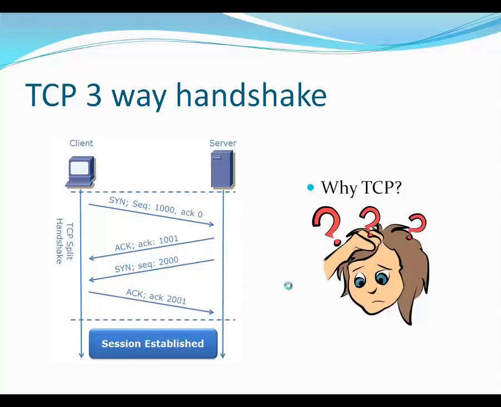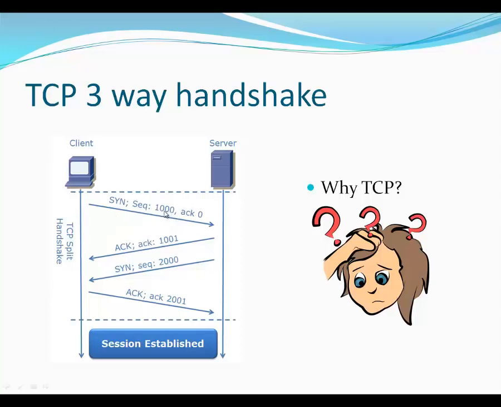Now we'll see what the TCP three-way handshake is. When a client initiates a connection to the server, it sends a SYN packet, that is synchronize, along with a sequence number. When the server receives this message, it sends the acknowledgement for this request, and the number is incremented by 1. Now the client will know, this is the acknowledgement for the message that I sent earlier having sequence number 1000.